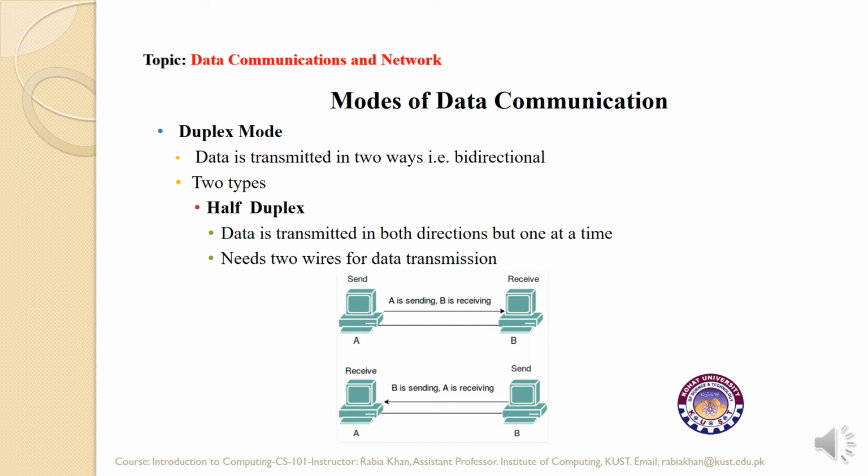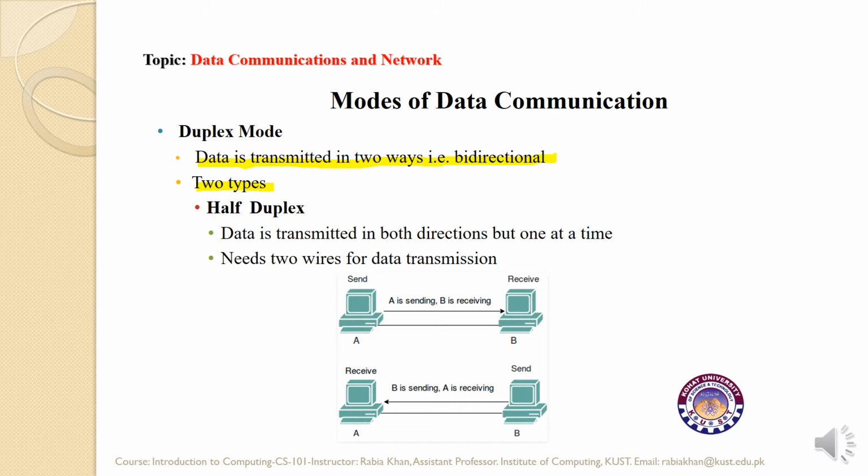The next type of communication is duplex mode. In this type of communication, the information is transmitted in both ways. Data is transmitted in two ways, or we can also call it a bidirectional mode of data communication. Duplex mode is further divided into two types.